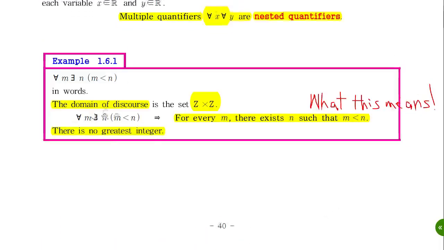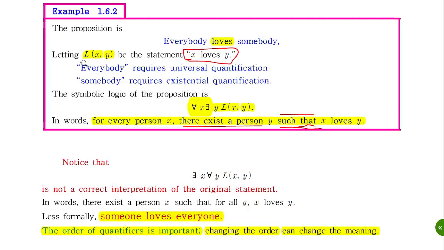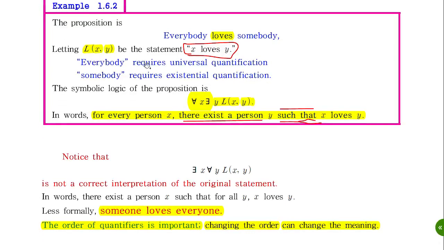This short statement says this in meaning. The proposition everybody loves somebody: L of x,y be the statement x loves y. Then everybody requires universal quantification. Somebody requires existential quantification.